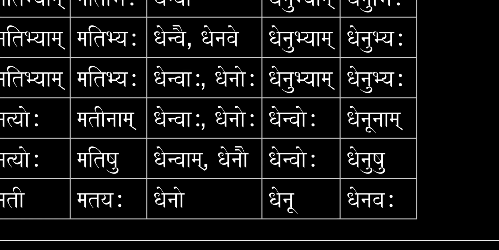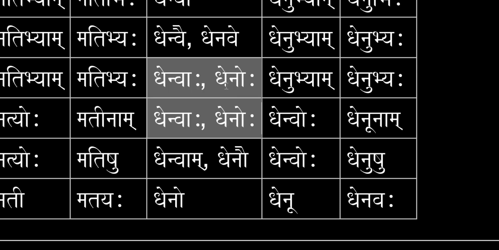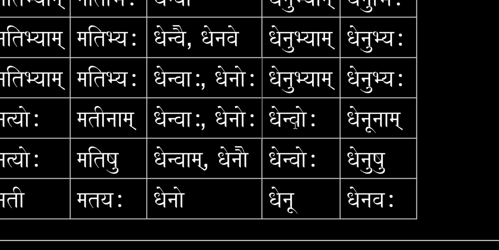Then for genitive singular, there's two options that you can use, and notice that they're similar to the ablative. It's the same as the ablative singular. So we have dhenwaha, and then we have dhenoho. Then for genitive dual, we have dhenwoho, and then genitive plural, we have dhenunam.